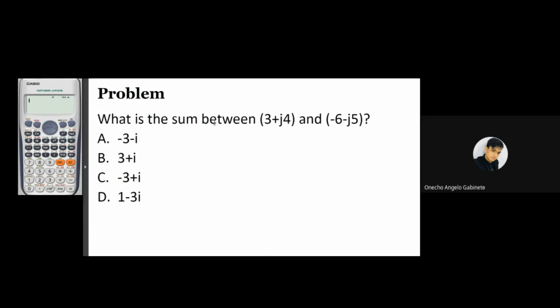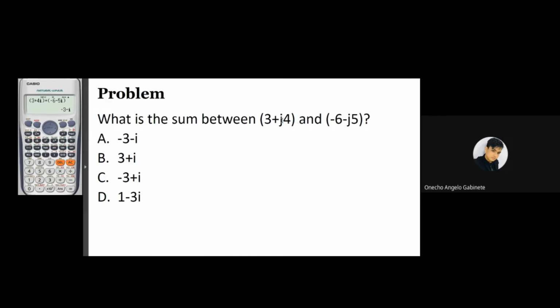Next. What is the sum between 3 plus j4 and negative 6 minus j5? So, mode, complex po tayo. So, sum daw po ng 3 plus 4i plus negative 6 minus 5i. Negative 3 minus i.